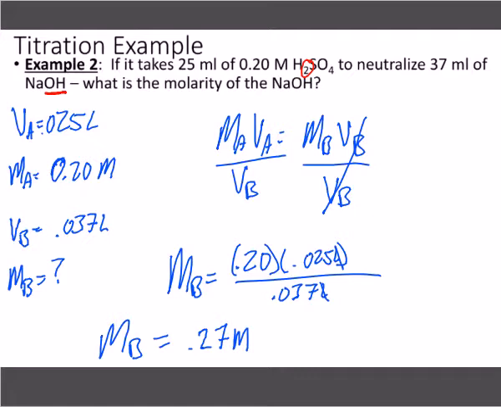What if, let's just say for a hypothetical, that this wasn't NaOH, that this was Ba(OH)2. Why? Because there's 2 of each. Guys, if your acid is diprotic and your base is dihydroxy, it's the same ratio.